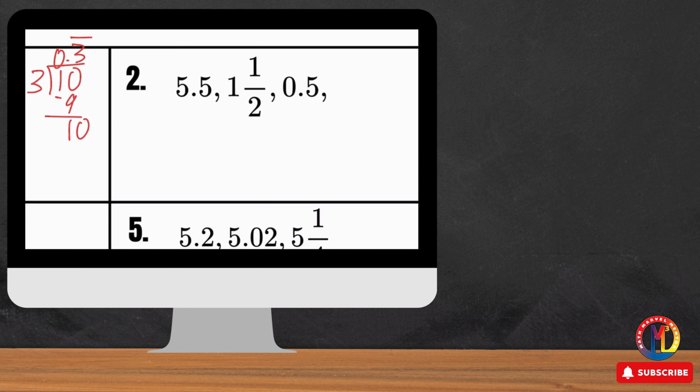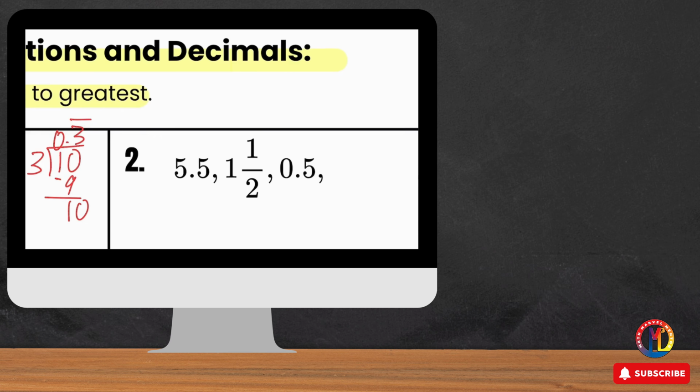5 1/2, 1 1/2, and 5/10. Let's check our answer here. Again, I'm going to convert this fraction into a decimal, and this problem's a little easier because I already have 5 5/10 and 5/10 in decimal form. So 1 1/2, I'm just going to convert a half to a decimal. 2 goes into 1 0 times, and it goes into 10 5 times easily. A half is one of our benchmark fractions, so you should soon start to memorize that 1/2 is always the decimal 5/10.